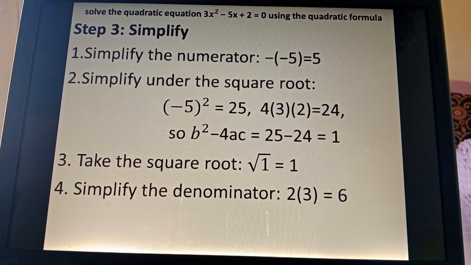Negative 5 squared is equal to 25, and then 4 times 3 times 2 is equal to 24. So b squared minus 4ac is equal to 25 minus 24 equals 1. Take the square root. Square root of 1 is 1. And then number 4, simplify the denominator. 2 times 3, which is equal to 6.